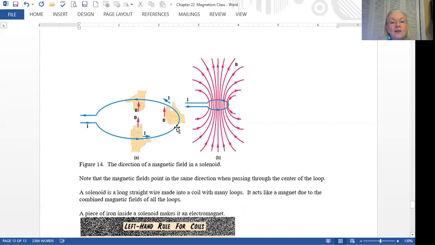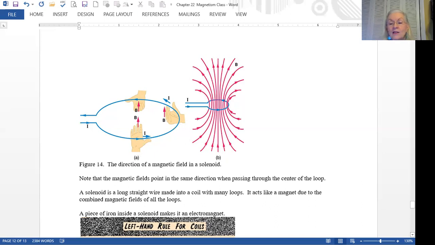If we have the loop go all the way around and we use the right-hand rule and trace the direction of the current, that's the little blue arrow, and indicate the magnetic field around the wire, that's the little red arrow, you would see that in the open space in the center of the wire, the magnetic field lines all point in the same direction. So if you make a loop of wire, you have a lot of little magnetic field lines pointing in the same direction in the middle of the loop.